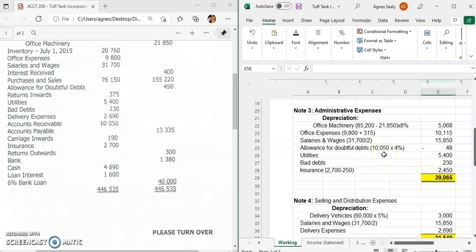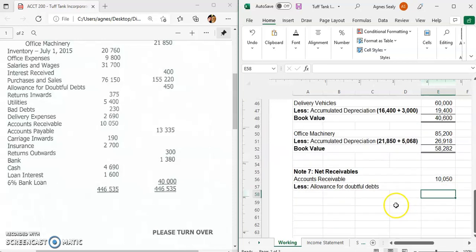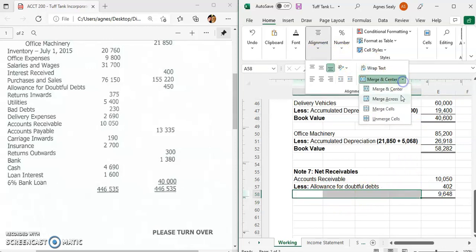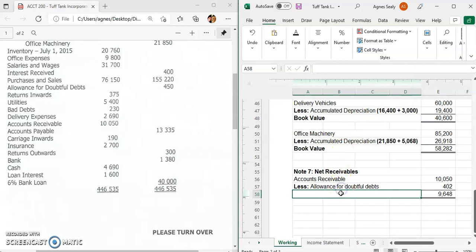So then we are going to subtract the $402 from that 10,050, and you will see what our net receivables will be. So 10,050 minus 402 gives us net receivables of 9,648.